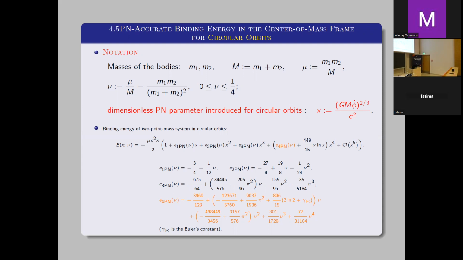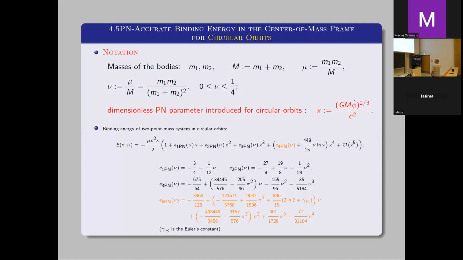And we can introduce a dimensionless post-Newtonian parameter x related to circular motion in this way, where phi dot is just the angular frequency of the orbital motion. And then the post-Newtonian formalism gives you the binding energy for circular orbits as a function of x and nu.